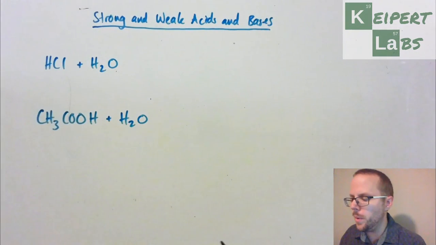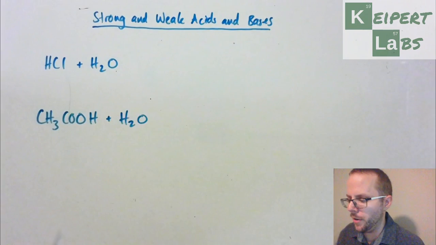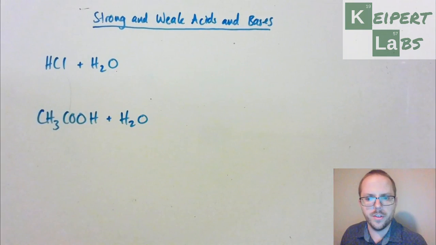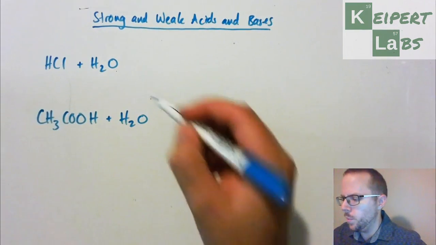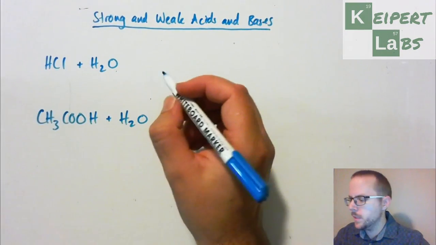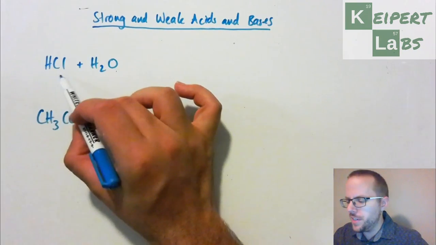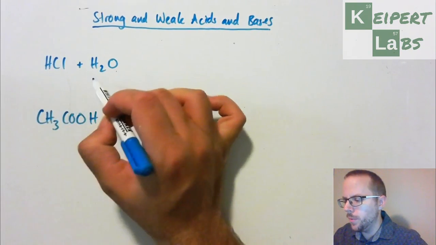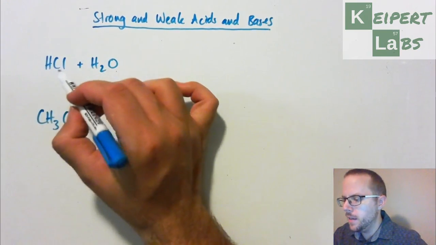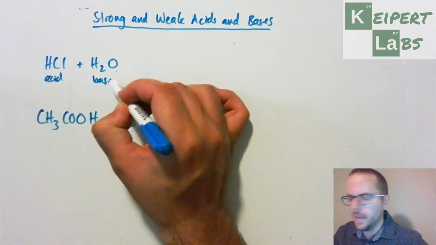So we're going to draw these as Lowry-Bronsted acid-base reactions. I'm deliberately drawing water molecules on the left-hand side. When hydrochloric acid, this HCl compound, interacts with water, this one acts as an acid and this water acts as a base.